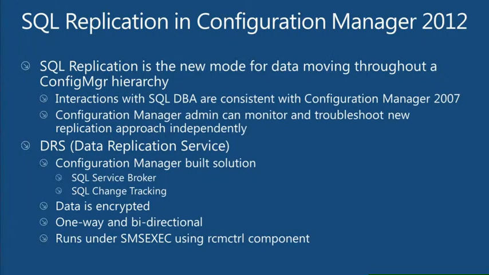Data is encrypted as it is brought across through the SQL replication. We have both one direction and bidirectional. And I'll show you this in an upcoming slide showing the different directions of the different types of replication we do. The replication runs under the SMS Executive service. So the SMS Executive has the components that we use for our data replication service, the configuration manager components that monitor and manage the DRS components.